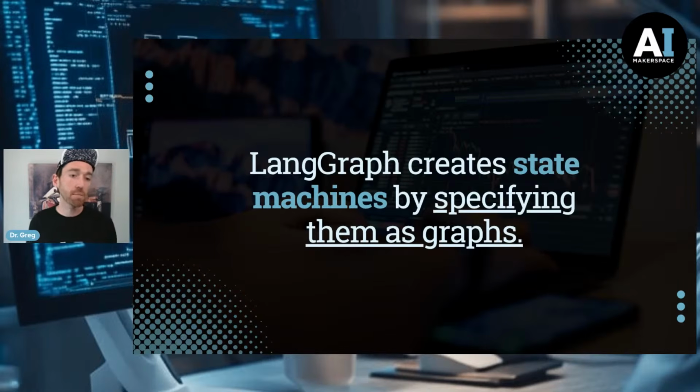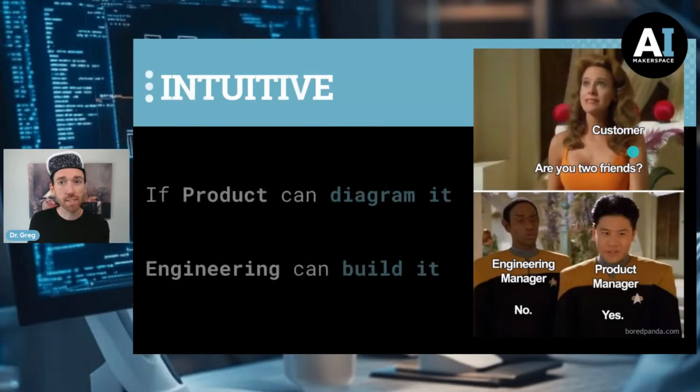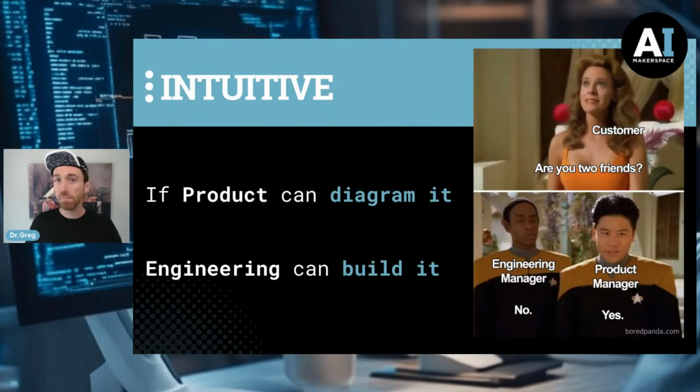And it does this by building out these LangGraphs. Using graphs is quite useful for a number of reasons. The first is that it's much more intuitive to be able to draw the thing on the whiteboard in a system diagram form and then port it directly over to the code in LangGraph.